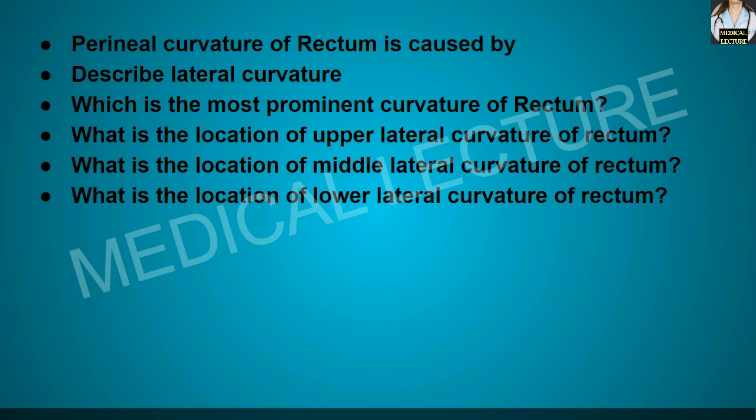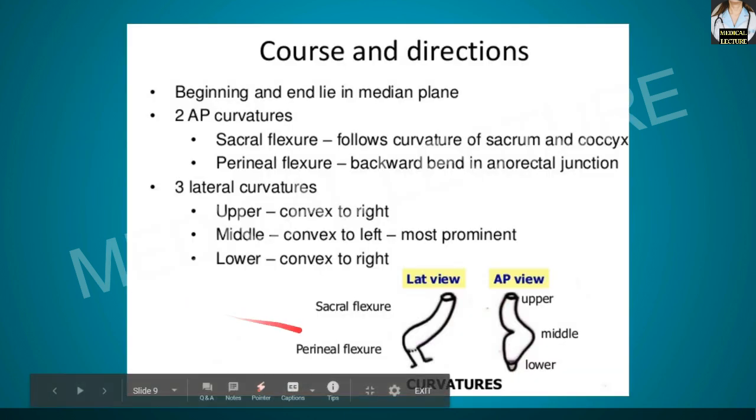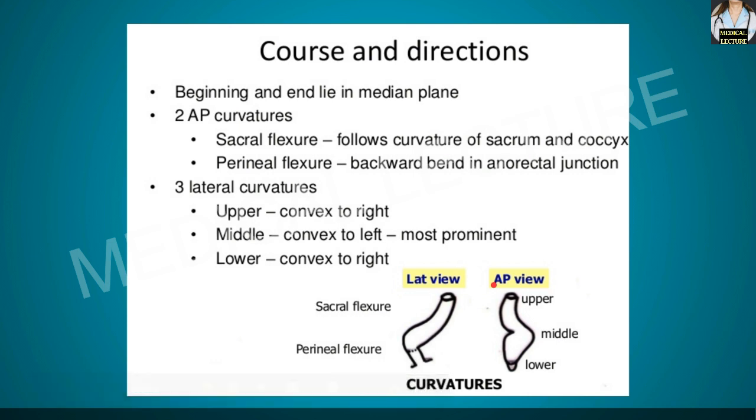Perineal curvature of the rectum is caused by the puborectal sling of the levator ani muscle, and it is convex anteriorly. Describe the lateral curvature. As you can see over here, this is the lateral view of the rectum and this is the anteroposterior view of the rectum. In the lateral view of the rectum, there exist two curvatures or flexures, that is sacral and perineal, while in the anteroposterior view there are three curvatures present, that is upper curvature, middle curvature and lower curvature.